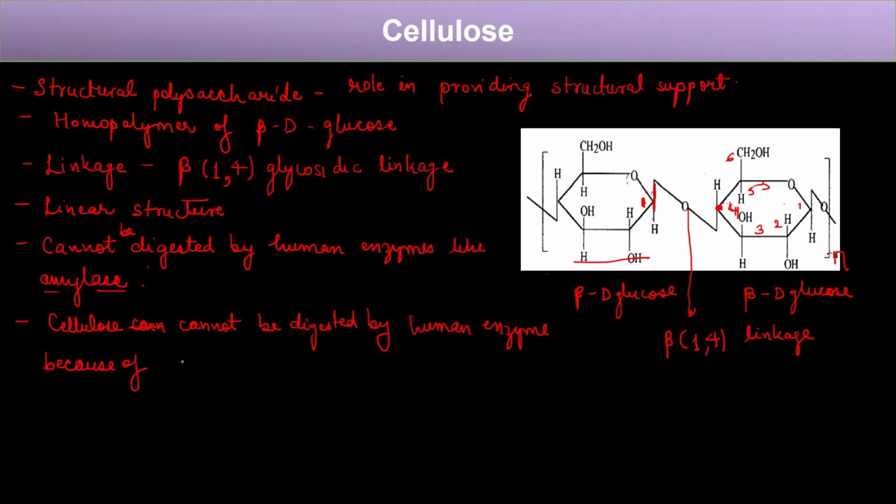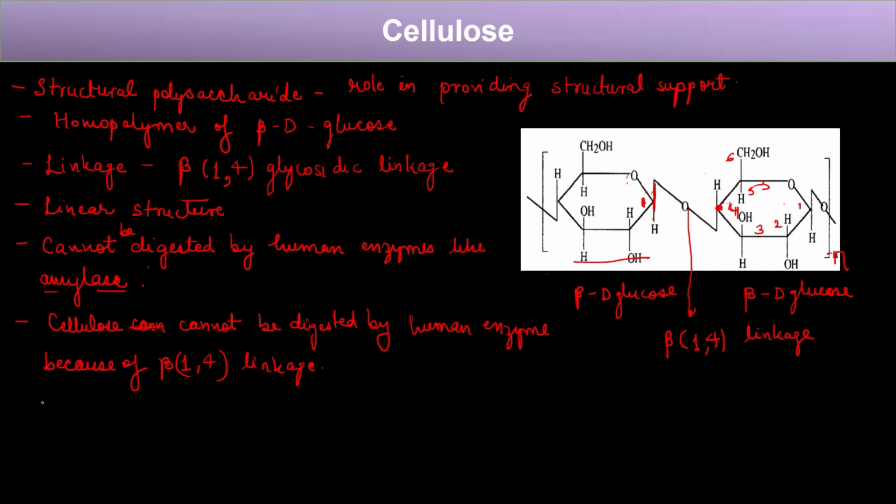If it's an alpha 1,4 linkage, it can be digested by human enzymes, but if it is a beta 1,4 linkage, it cannot be digested.